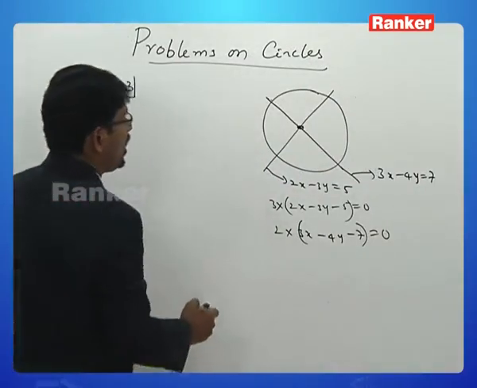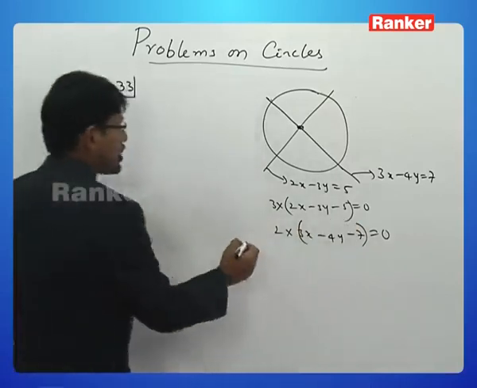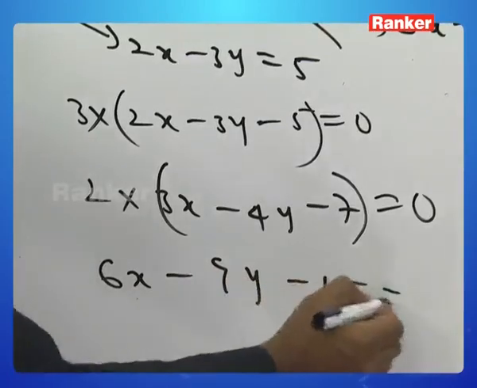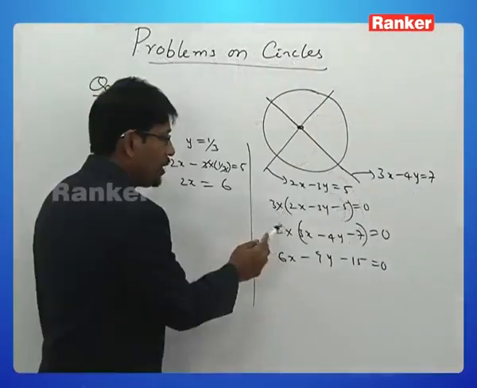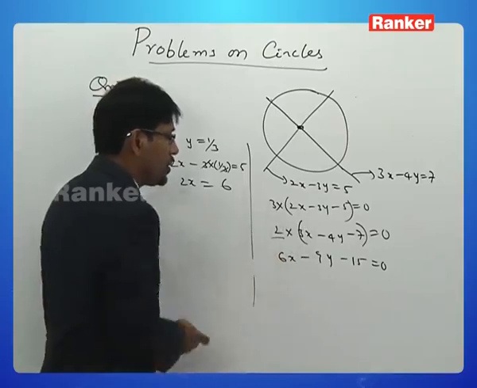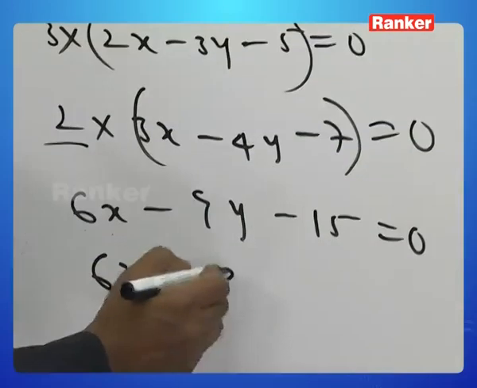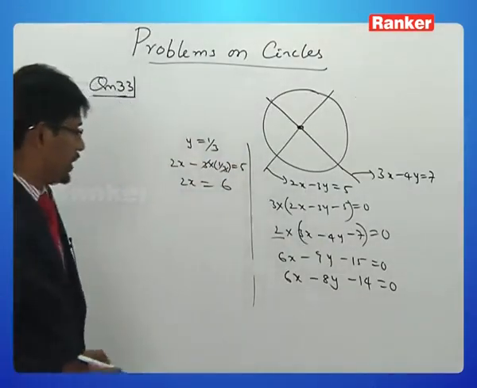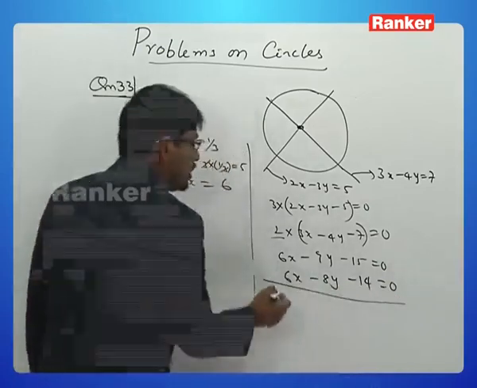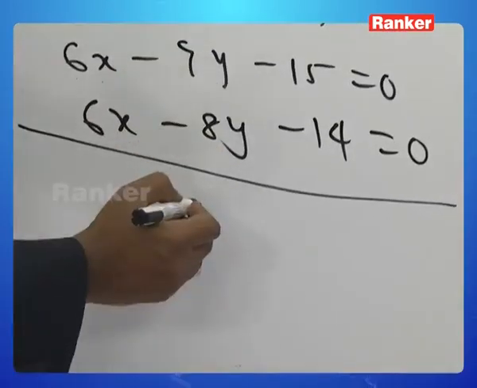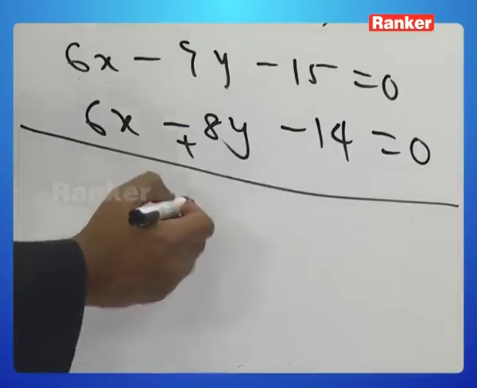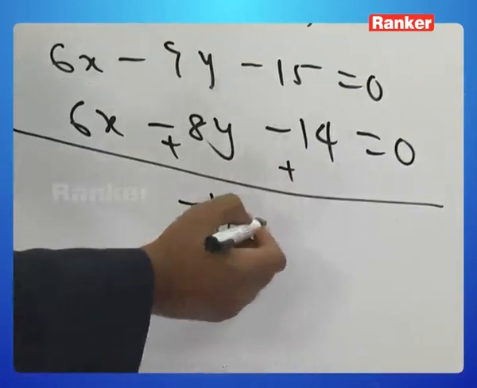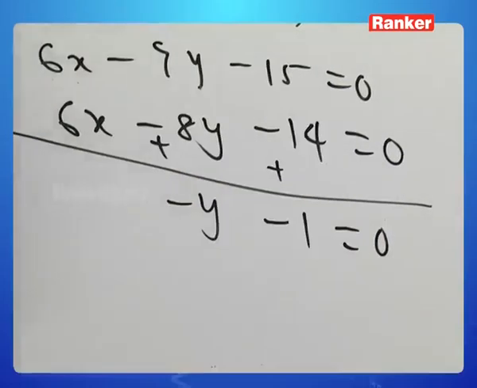So this is 6x minus 9y minus 15 equal to 0. The second equation, when we multiply with 2, we get 6x minus 8y minus 14 equal to 0. Subtracting one from the other, we get minus 9 plus 8, that makes it minus y, minus 15 plus 14, that makes it minus 1, equal to 0.